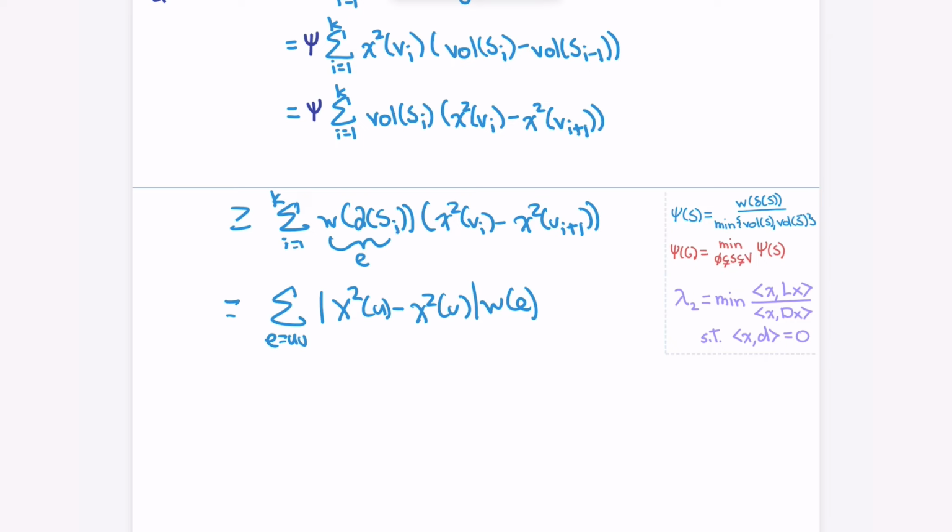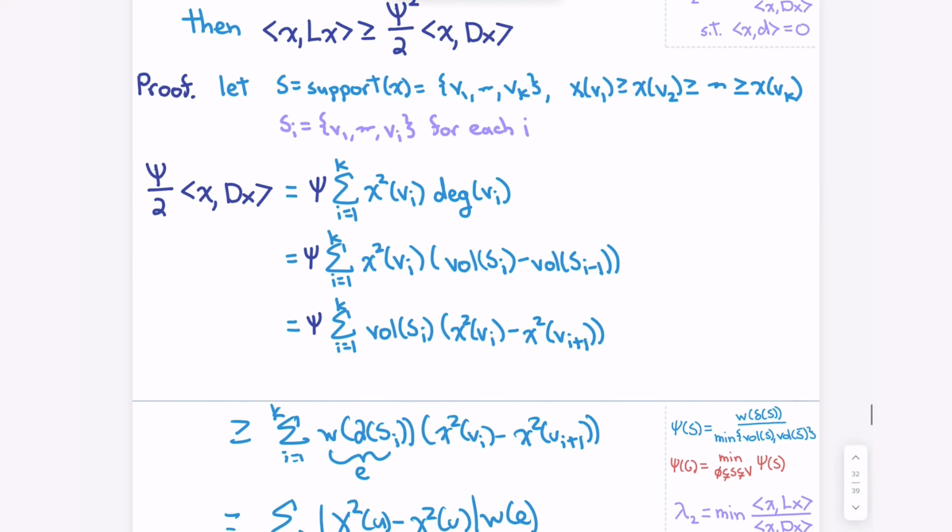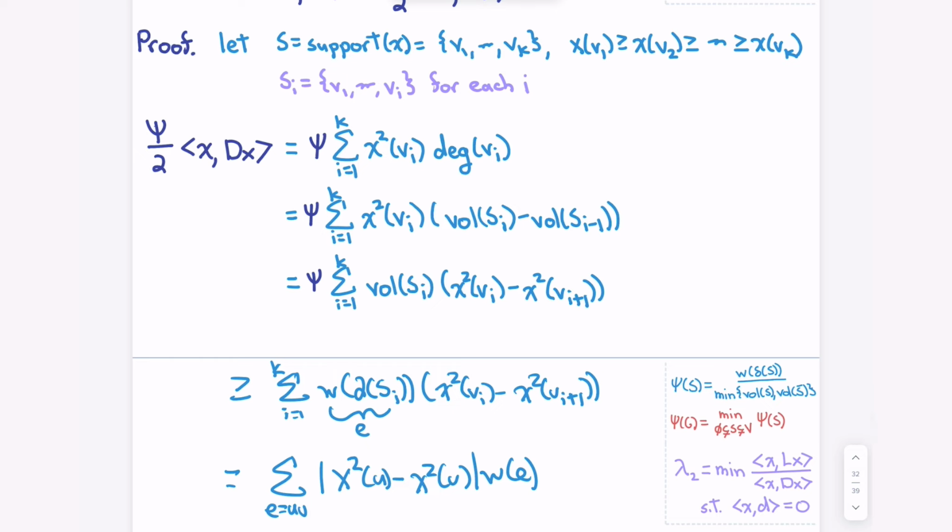And now what's the next step? Well, no, because I've listed them in decreasing order.